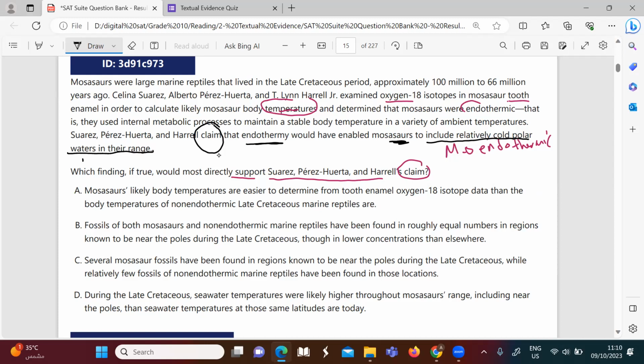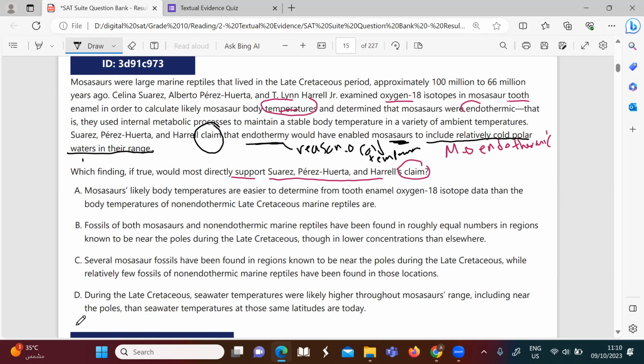So to support the claim, it must explain that endothermy is the reason they tolerated cold temperature or cold water.